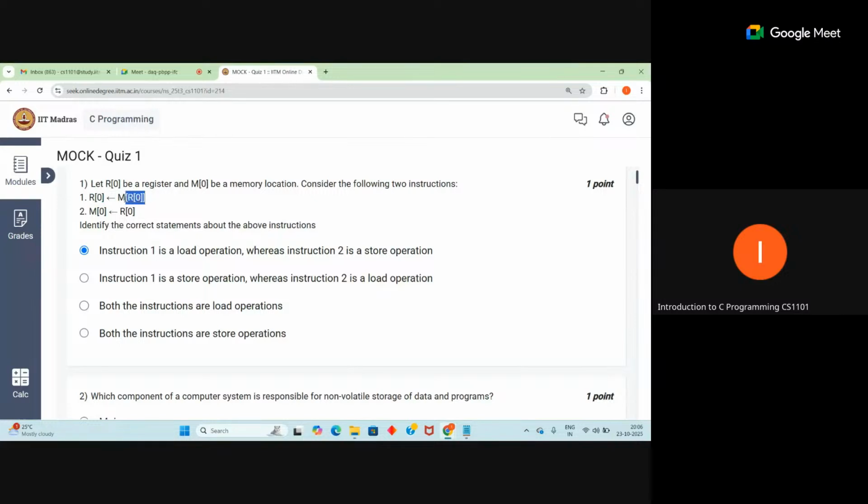Now if we had some value in our register that we want to store into a memory location, that is called store. So among the given options, instruction 1 is the load operation, whereas instruction 2 is the store operation.